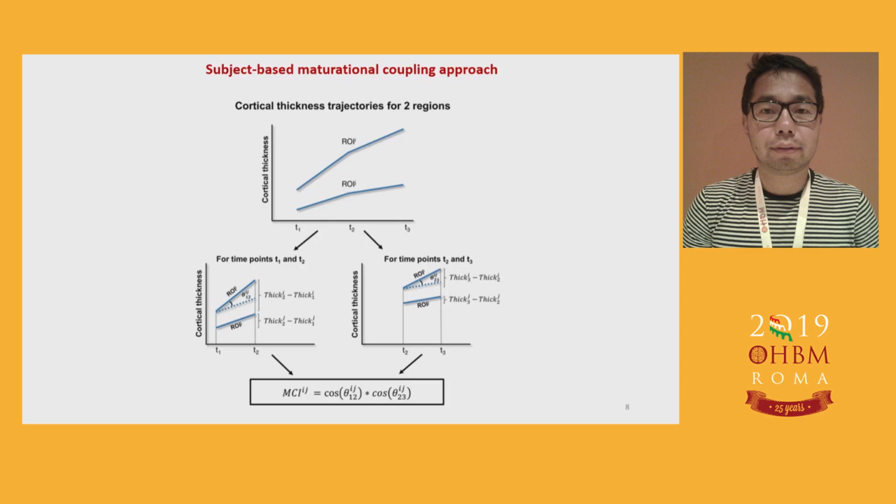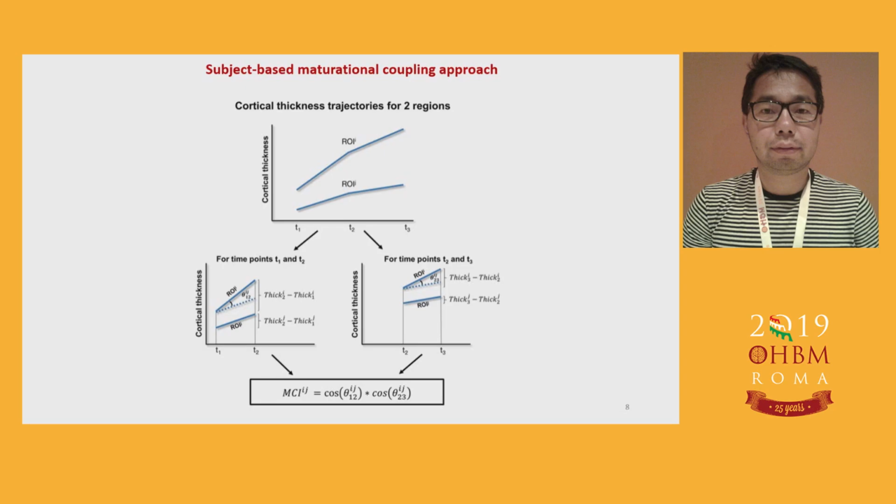In the end, we ended up using cosine of theta, because cosine of theta is more stable and the values range from 0 to 1. But like I said, you could come up with other measures which could capture this similarity index for any two trajectories.